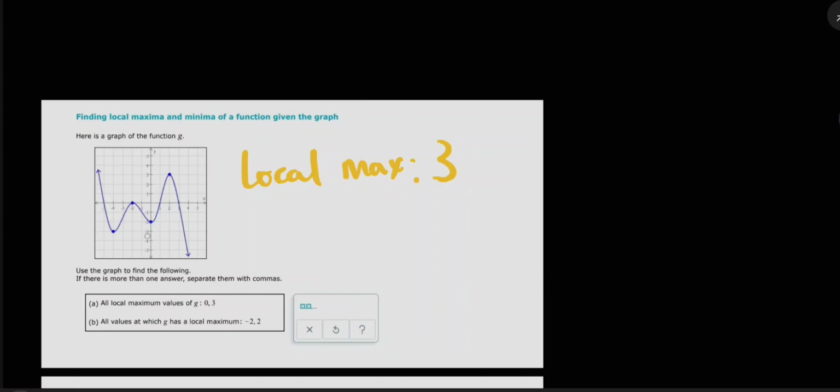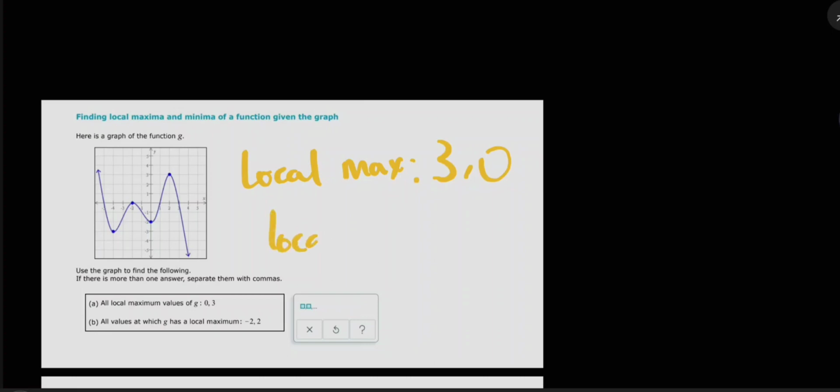And if you look at the graph, you have another local maximum point here. When it's two maximum, you say maxima. So the first one here is at 3. The second point here, local maxima, is at 0.